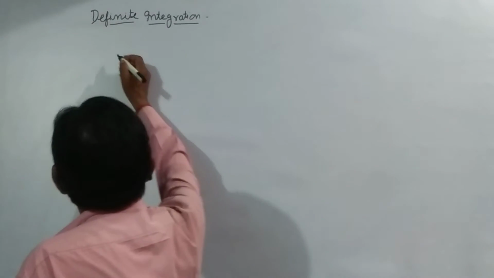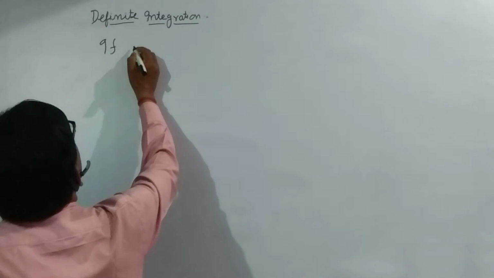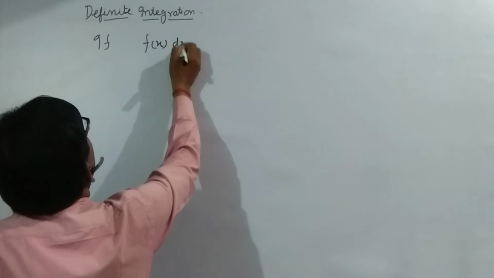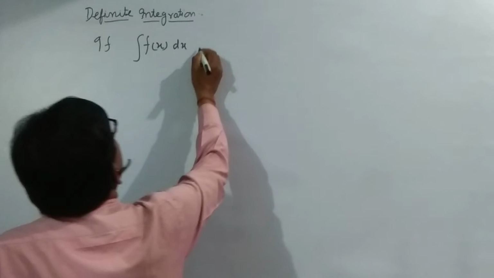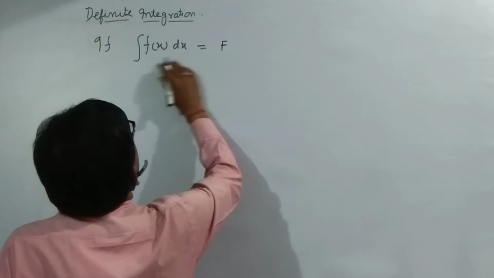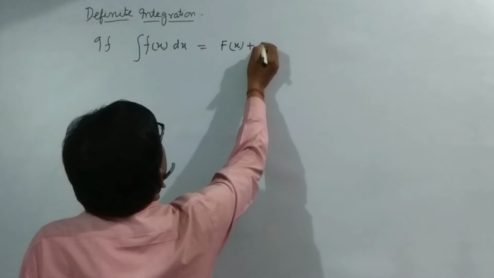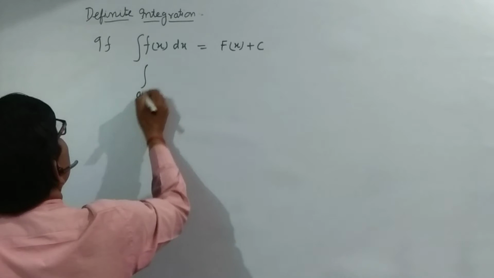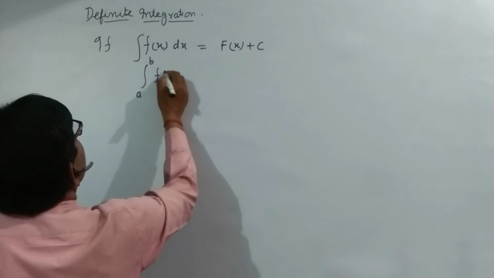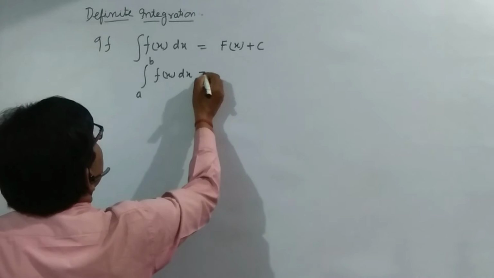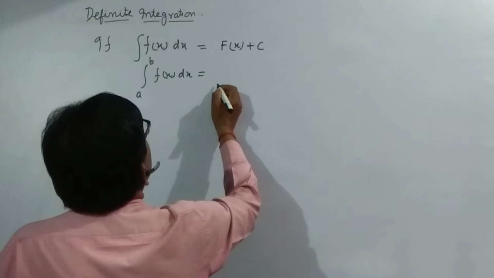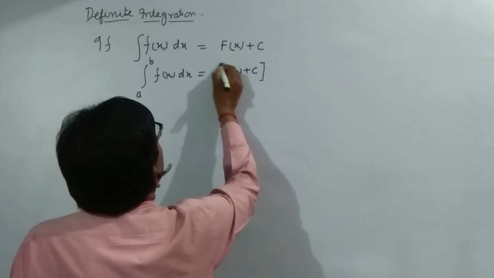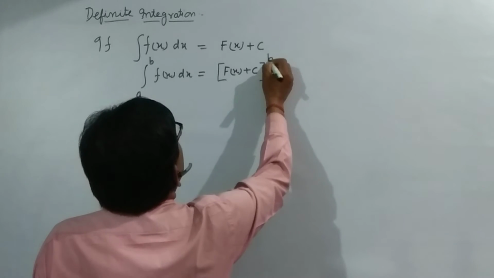Now here, if the integration of f(x) dx is equal to F(x) plus c, then we take the limit a to b: the integral of f(x) dx equals F(x) plus c, taken from a to b.